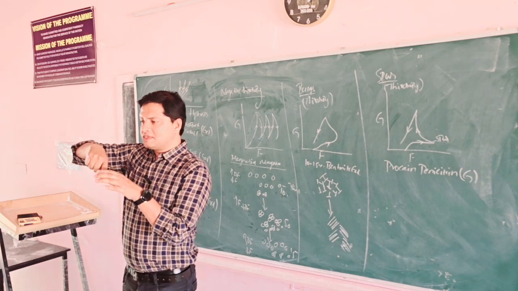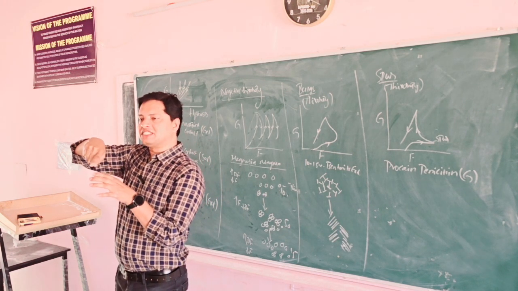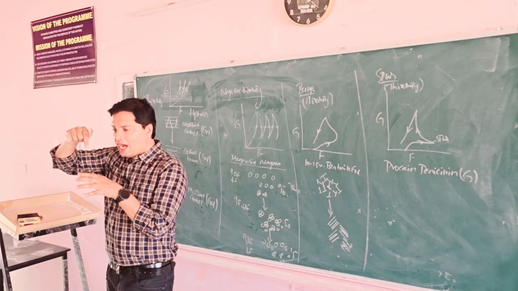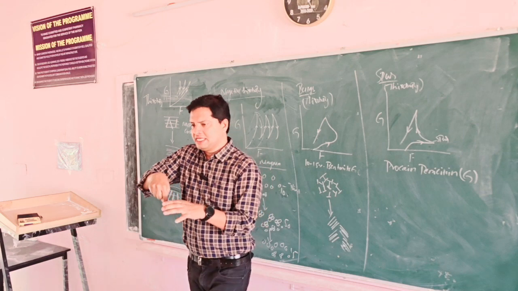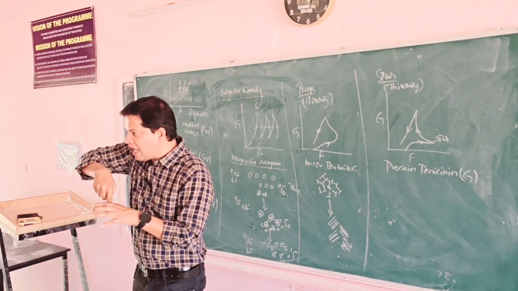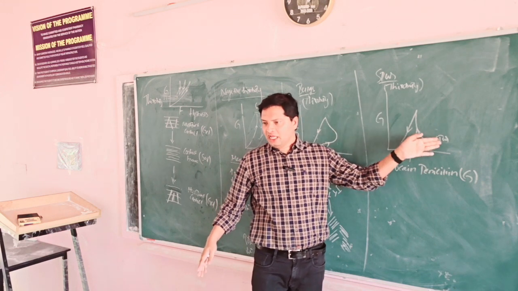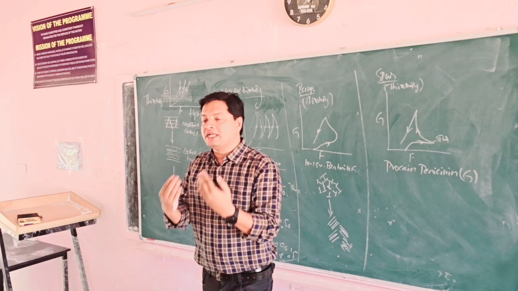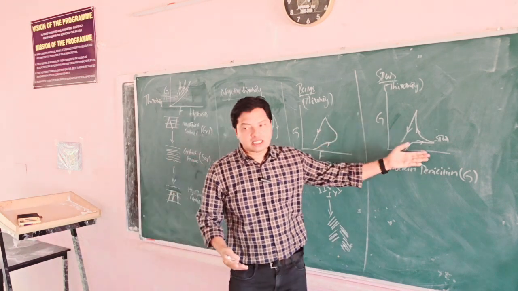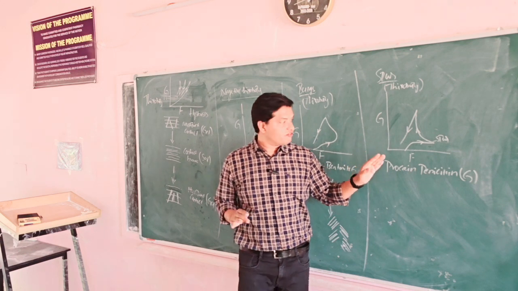When I am stirring procaine penicillin G, initially I will face so much resistance. If I still stir, suddenly all resistance is broken. If you understand the concept I am telling, you can draw the graph by yourself and you can write that concept also by seeing the graph.